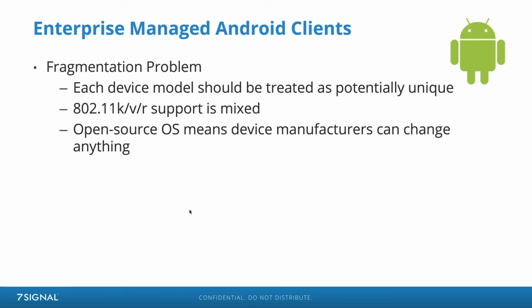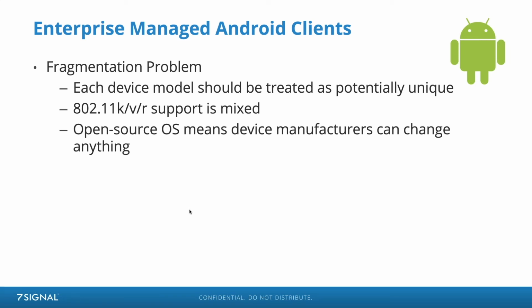Android has a big fragmentation problem, and it's really important that you consider each device as being unique. You might have a Samsung tablet with Android 11, and you might have a SpectraLink phone with Android 11. They probably won't behave similarly at all. There's just so much that can be changed.